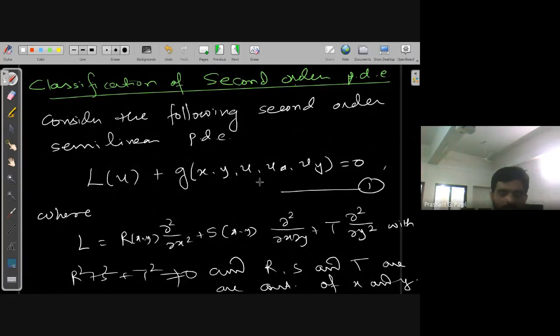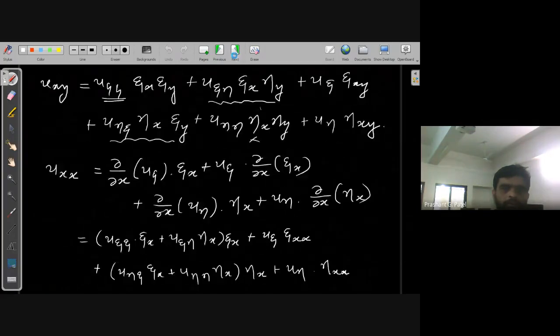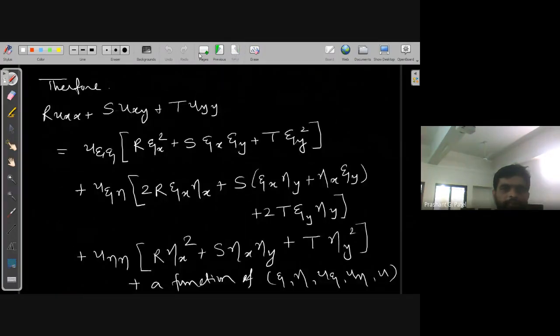Now this equation 1 will change to another equation because we have transformed all the variables, that is the x, y variables, to xi and eta variables. So we'll write that.